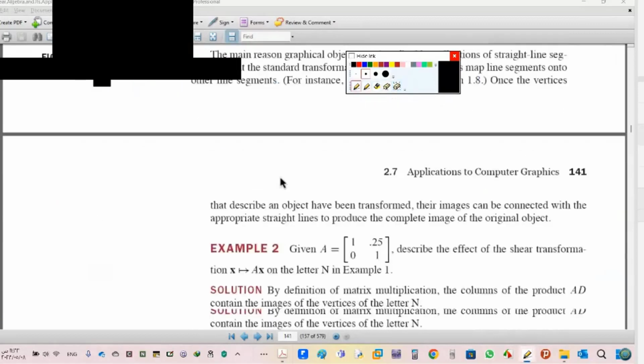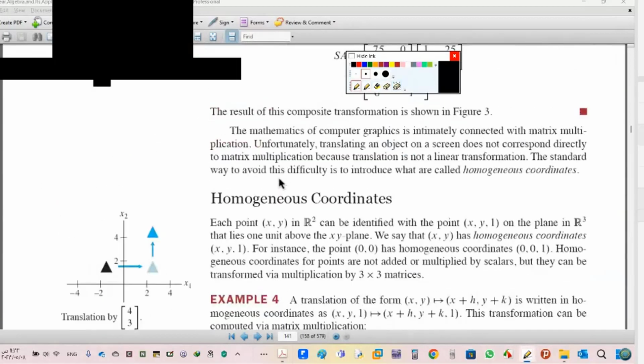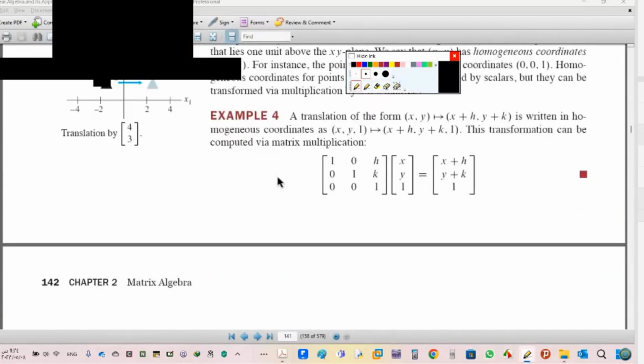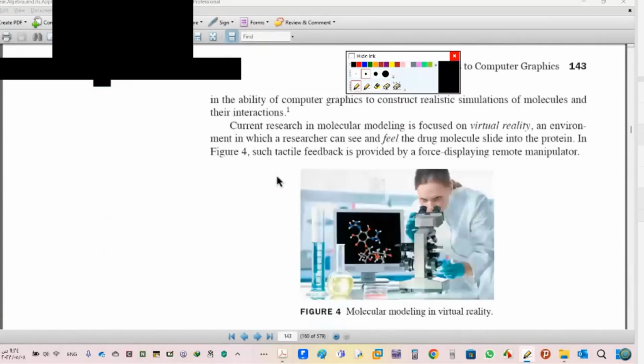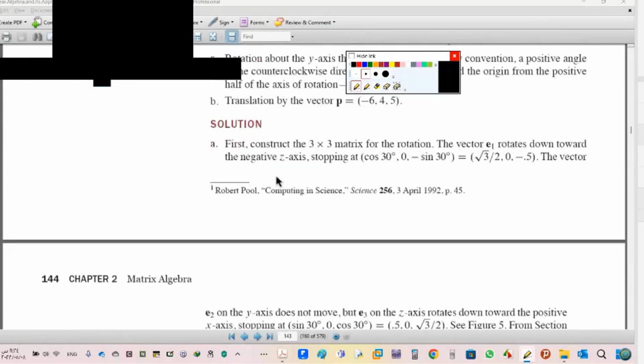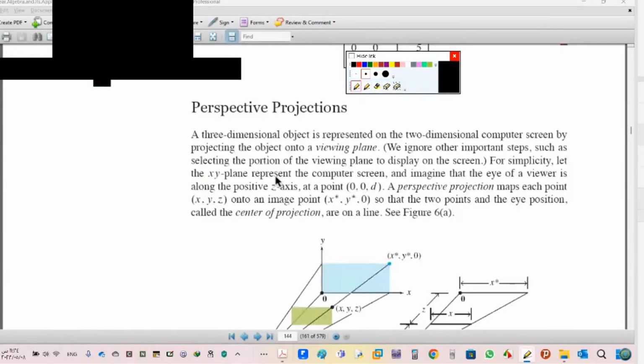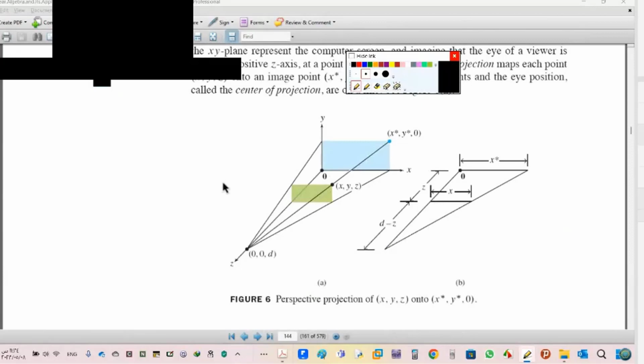Okay. Now let's see something else. Here I want to show something, not details. They are using this for projection, for expanding.